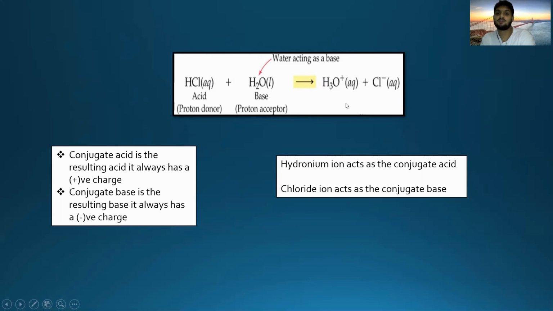Okay. So in this case also, what will be the conjugate acid? Here it's very easy to find the conjugate acid because there's only one product on the product side which has a hydrogen. So more hydrogens here. So that will be the conjugate acid definitely, and it also has a positive sign. Okay, so all the characteristics of a conjugate acid can be identified here. So this will be the conjugate base.